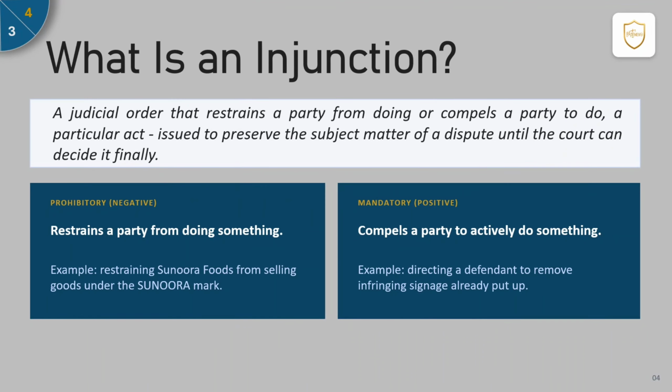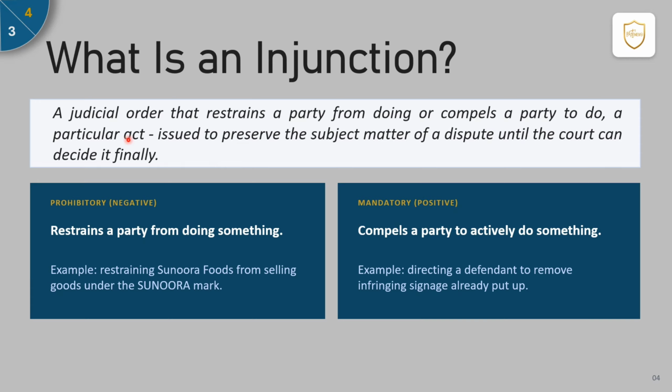Now, coming to this part, what exactly is an injunction? In plain terms, an injunction is a judicial order that either stops a party from doing something or forces a party to do something, in order to preserve the subject matter of the dispute until the court can finally decide it. There are two basic types.